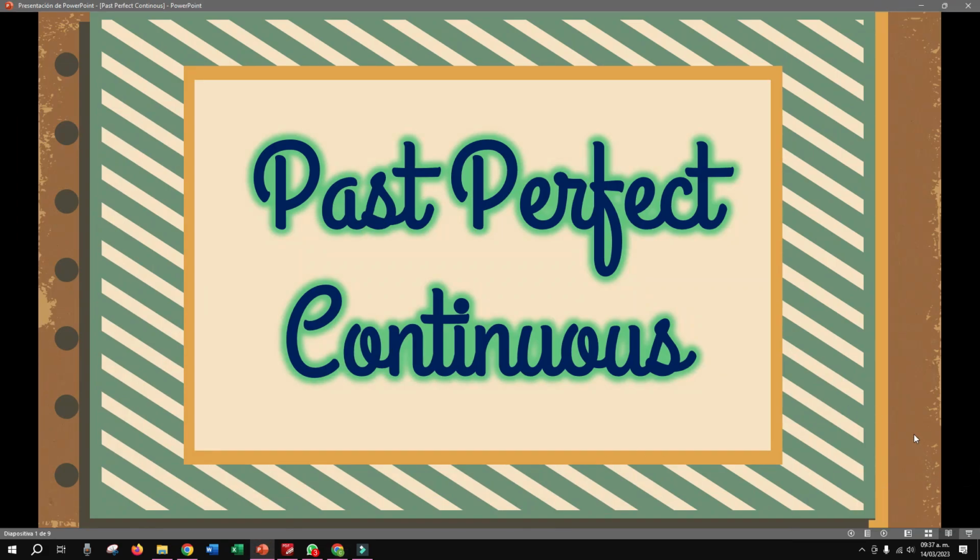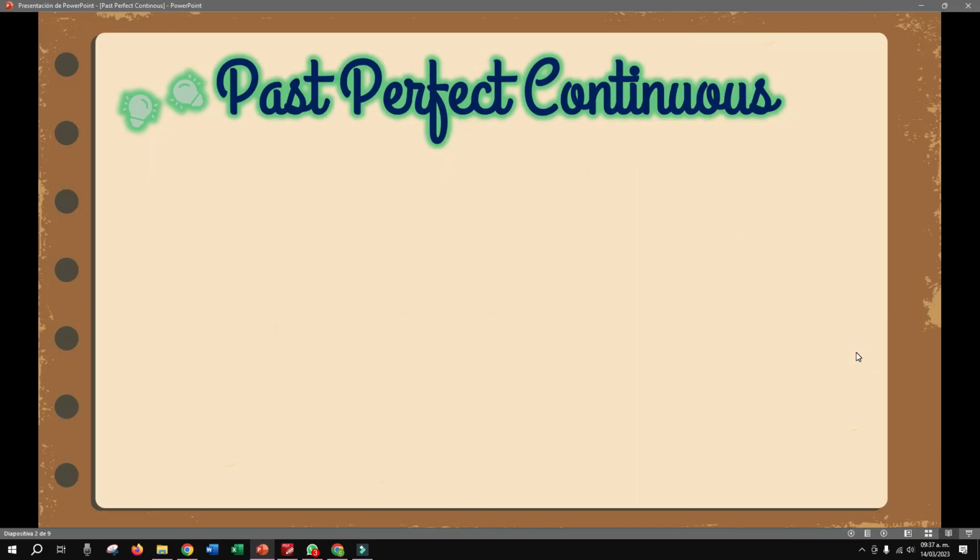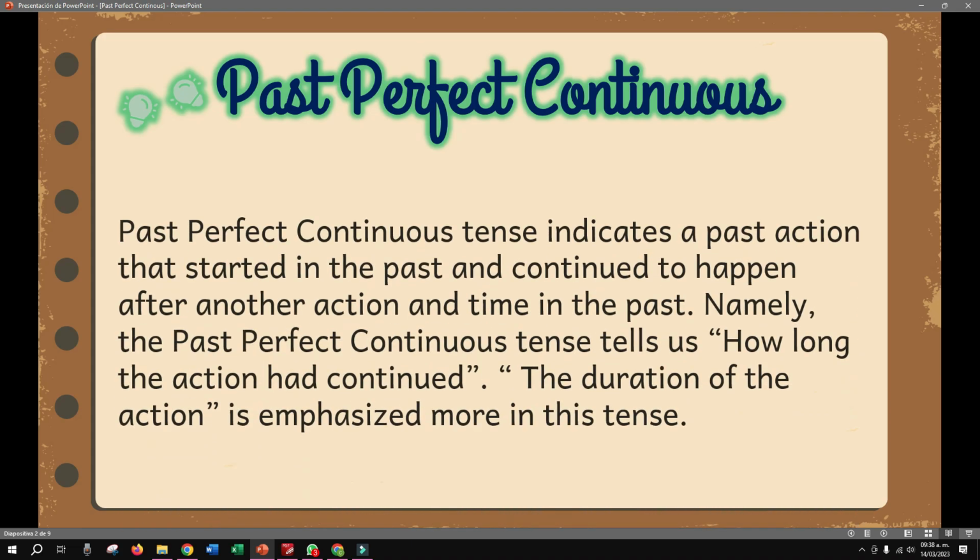There we have past perfect continuous. It says, past perfect continuous tense indicates a past action that started in the past and continued to happen after another action and time in the past. Namely, the past perfect continuous tense tells us how long the action had continued. The duration of the actions is emphasized more in this tense.